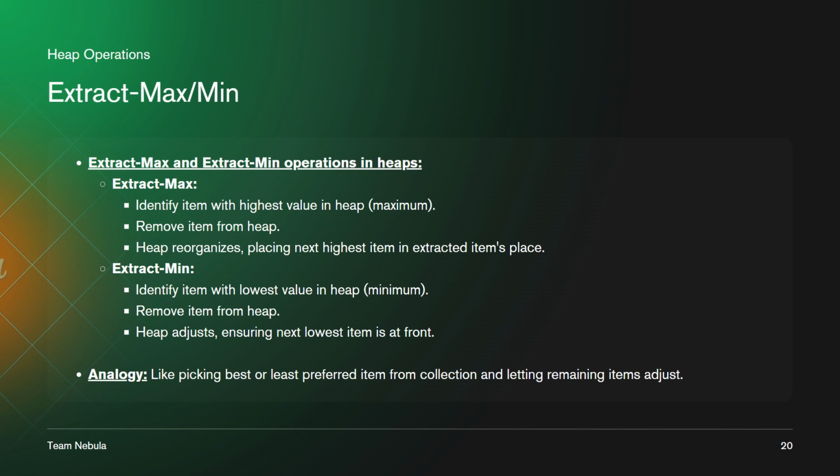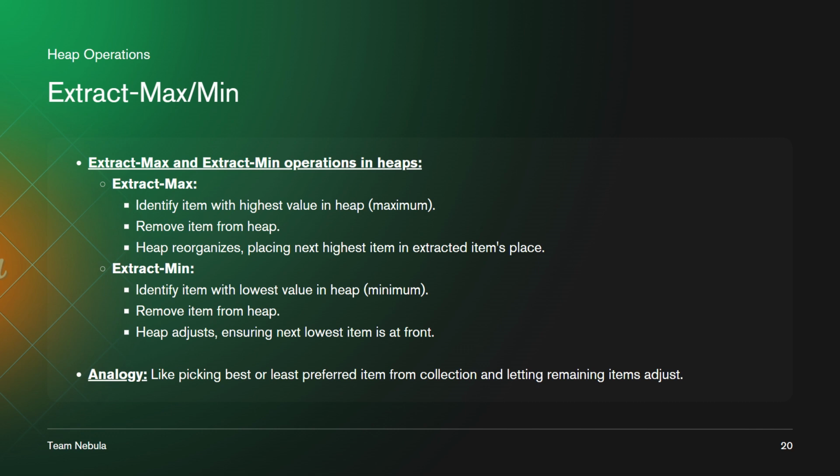Next we have the extract min operation. First you look at the heap. Then you pick the item with the lowest value from the collection. Then you remove that item from the heap and the heap adjusts itself, making sure that the next lowest item is now at the front. So, if you have a heap of toys, for instance, and you do an extract max, you are getting the most valuable toy.